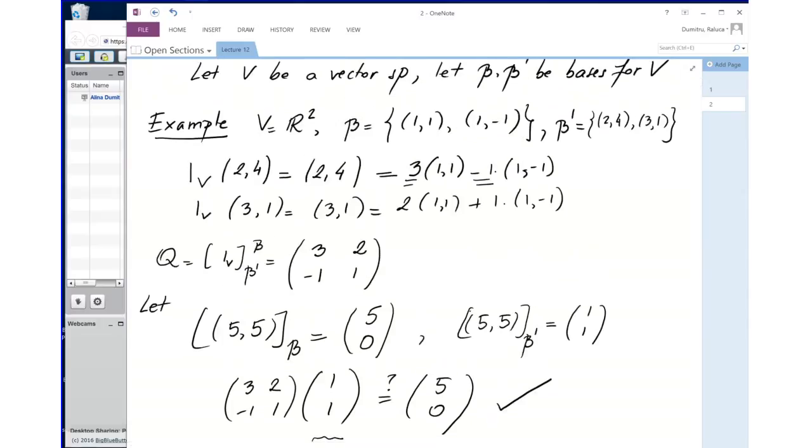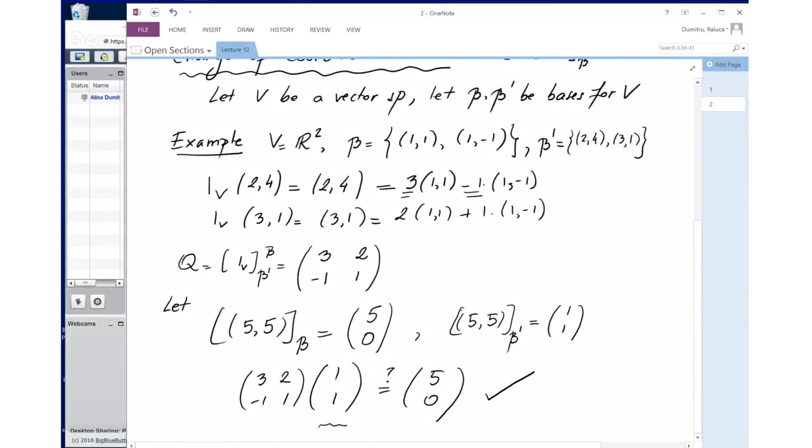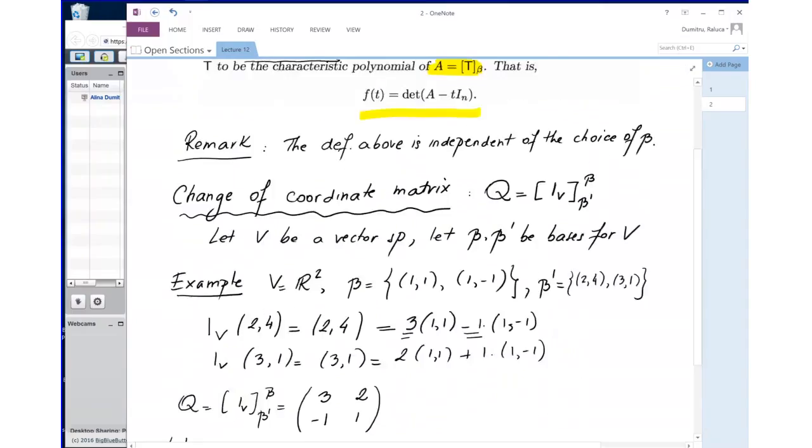Note that this matrix here, if you compute its determinant, is going to be non-zero, so it's invertible, right? It's 3 plus 2, so 5. This Q is invertible, but it's going to be invertible in general.